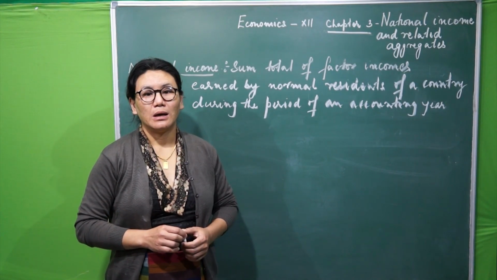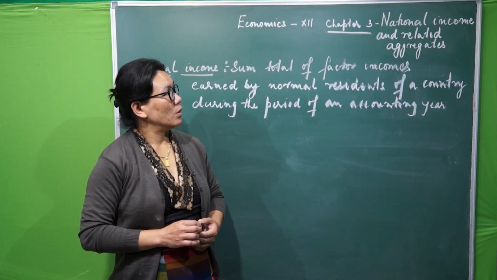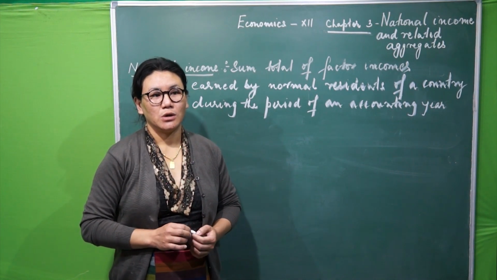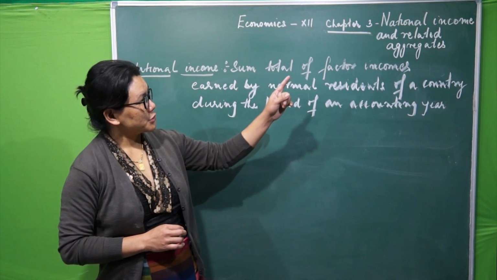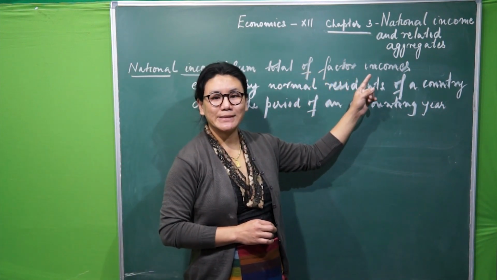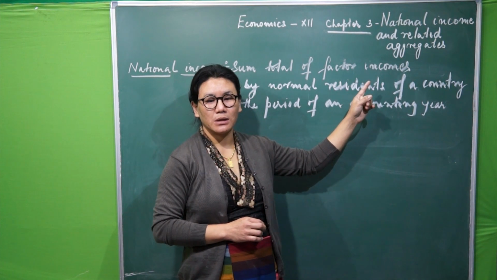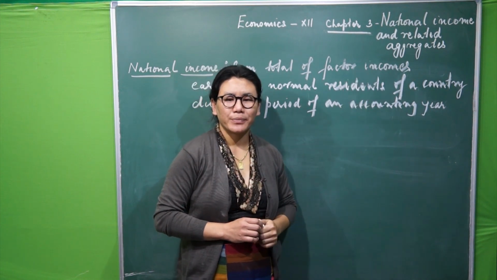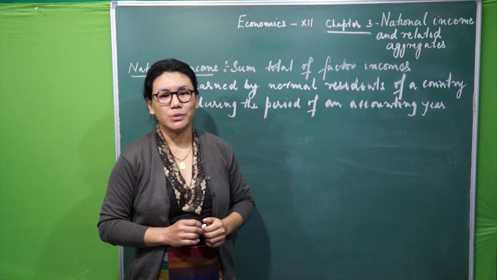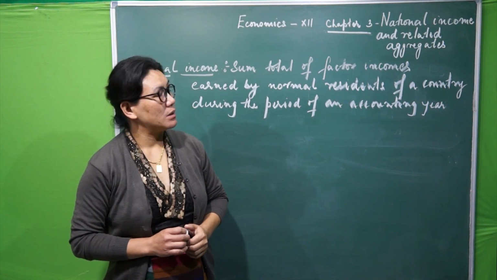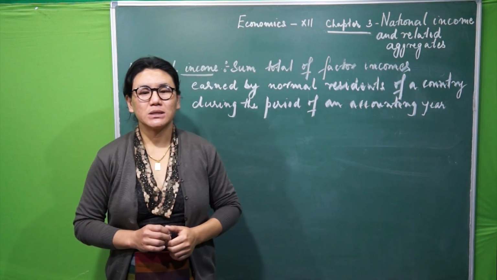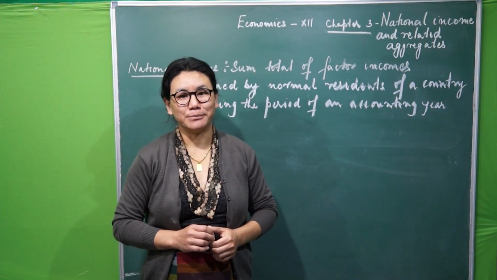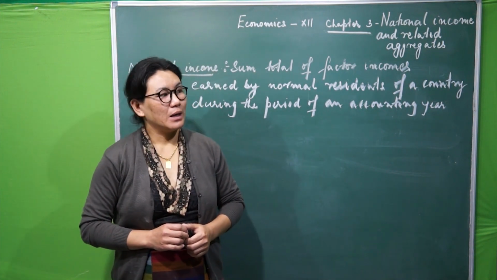Today, I will be taking one chapter of your macroeconomics book called National Income and Related Aggregates. With this, I will also be dealing with your fourth chapter about methods of measuring national income later.